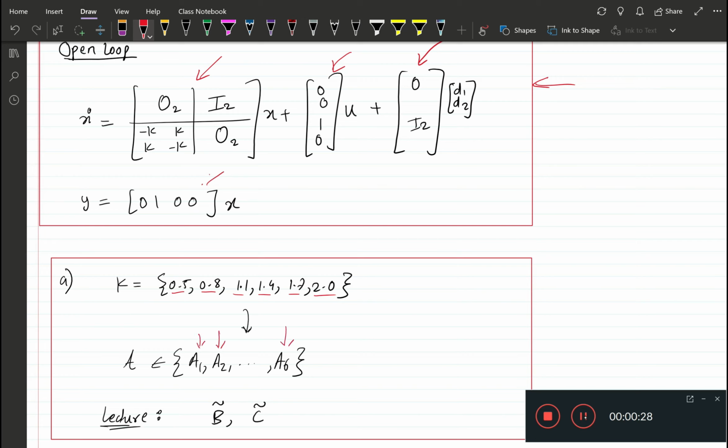Now in order to compute the input and the output matrices in the uncertainty channel, the PQ channel, we can follow the procedure outlined in the lecture. You can have a look at that in the lecture, and there is code where you can see how this is done, but I will not focus on that now and will try to do this by direct calculation.